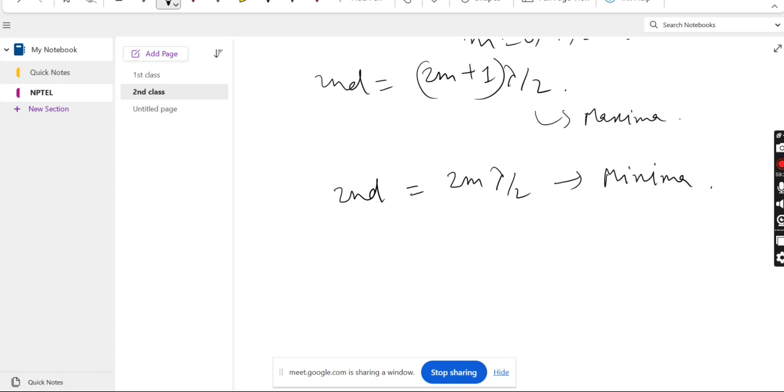Now we want to know the radius of the ring.